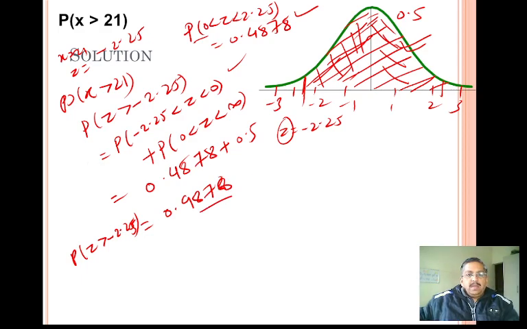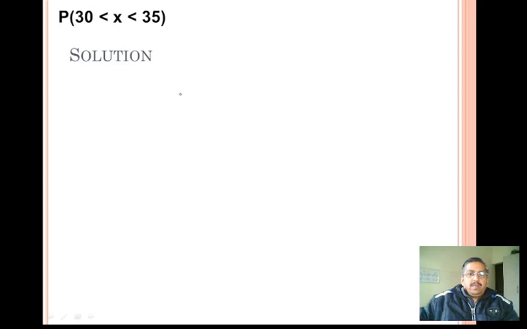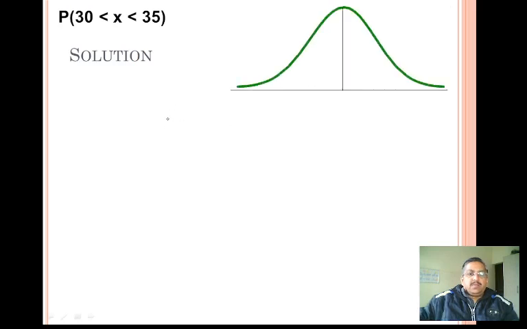The next example for you is the probability of x lies between 30 and 35. It's all very easy, and here we have already converted the x values.